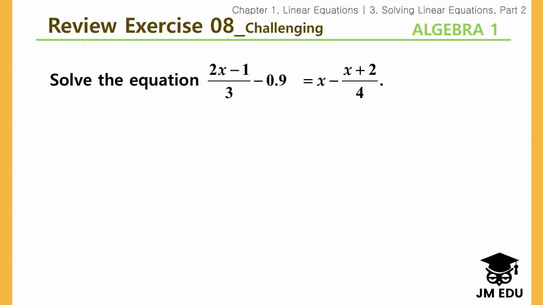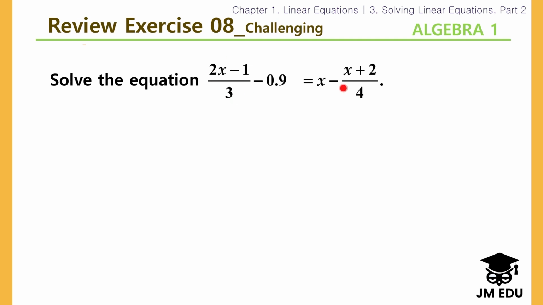Number 8, it says solve this equation right here. This is one of the challenging questions because this equation has fractions, also decimals at the same time, right? So one way to solve this equation is that we can actually convert this decimal to fraction.